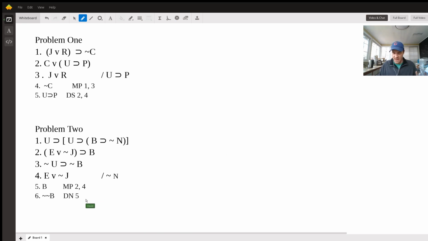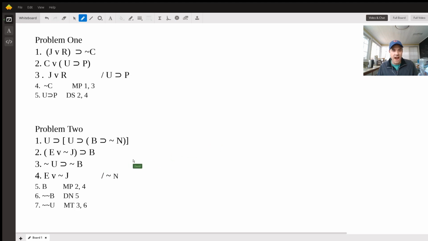But now we can take number 6 and do Modus Tollens, looking at number 6 and number 3, right? So that shows us not not U based on Modus Tollens 3, 6.